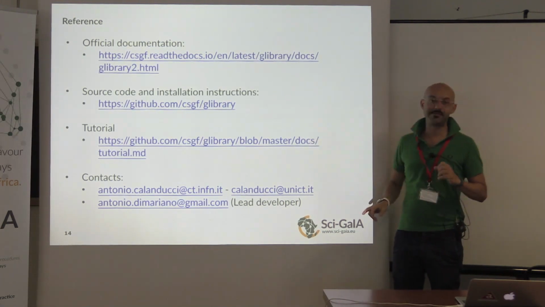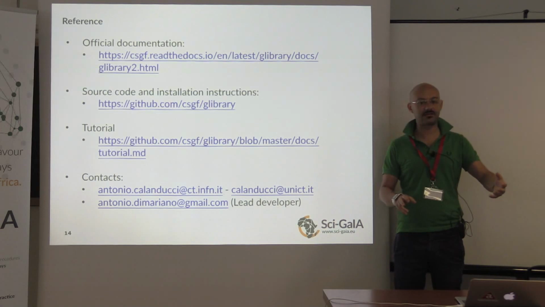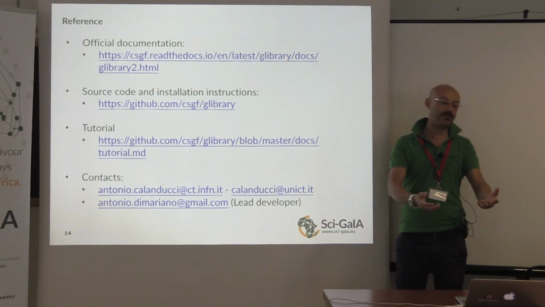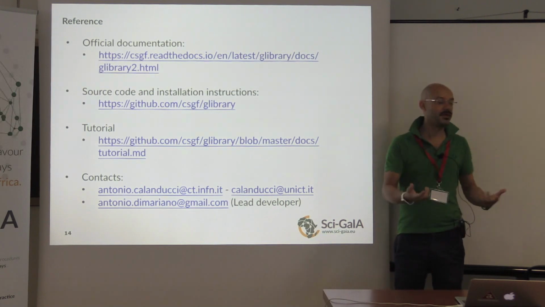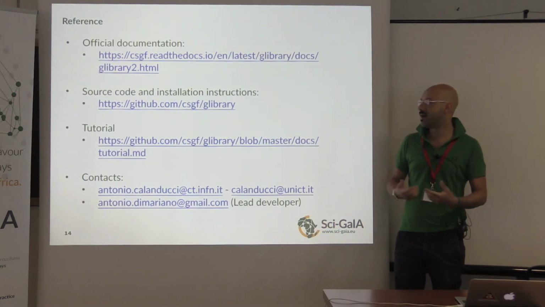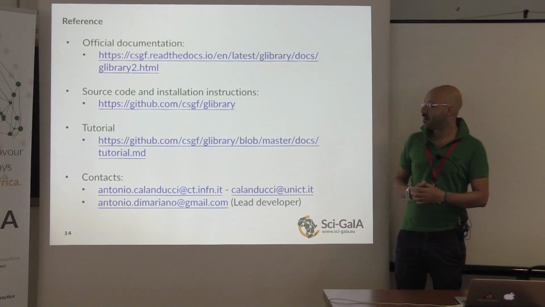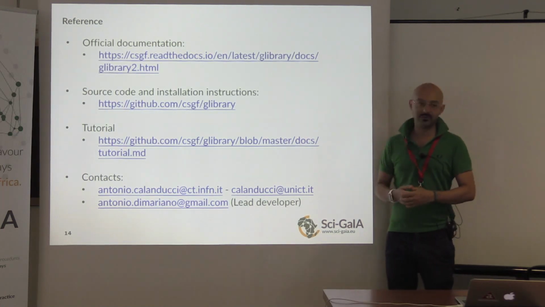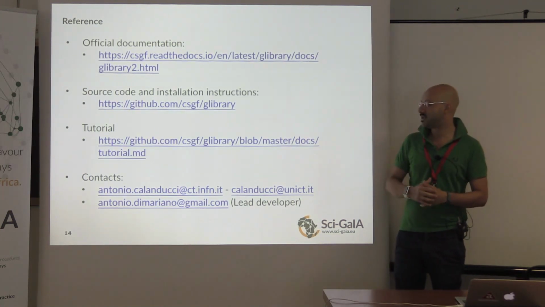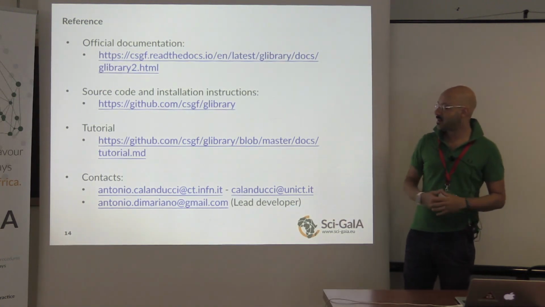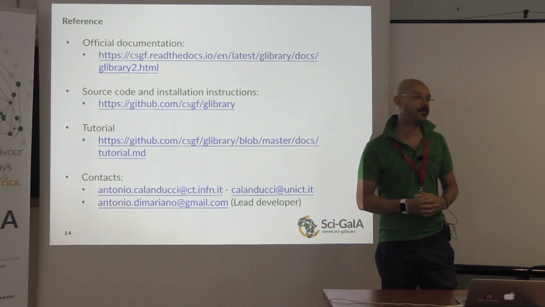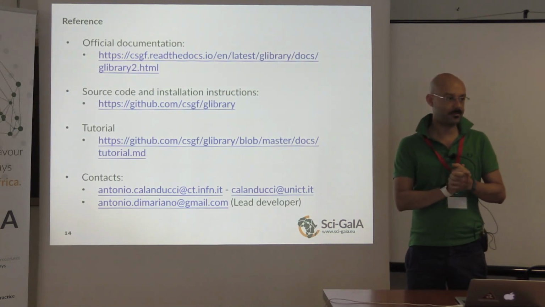Here I've prepared a tutorial for you that I will run live after this presentation to show some of the REST APIs of GLibrary. If you want to contact someone to ask for support, you can contact me, or Roberto, or Antonio Di Mariano, who is the lead developer of the platform.